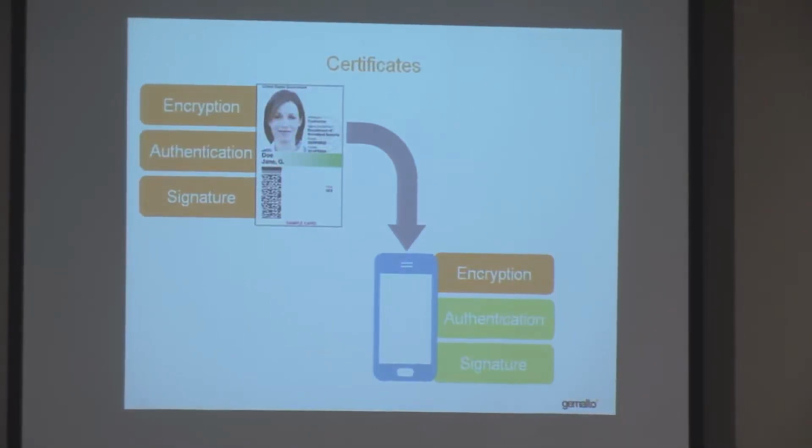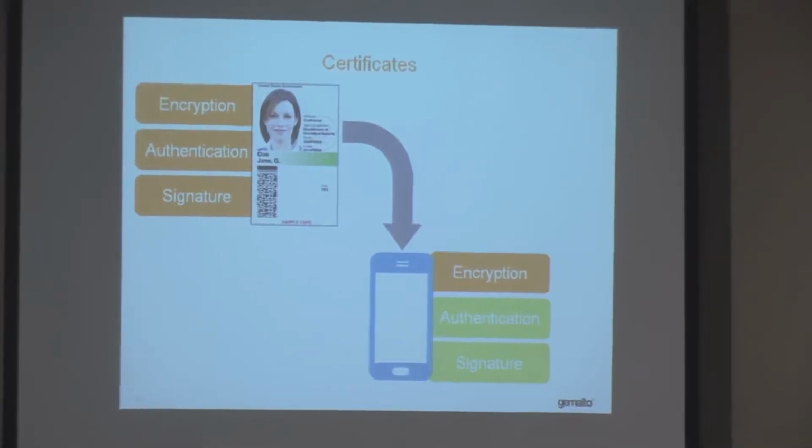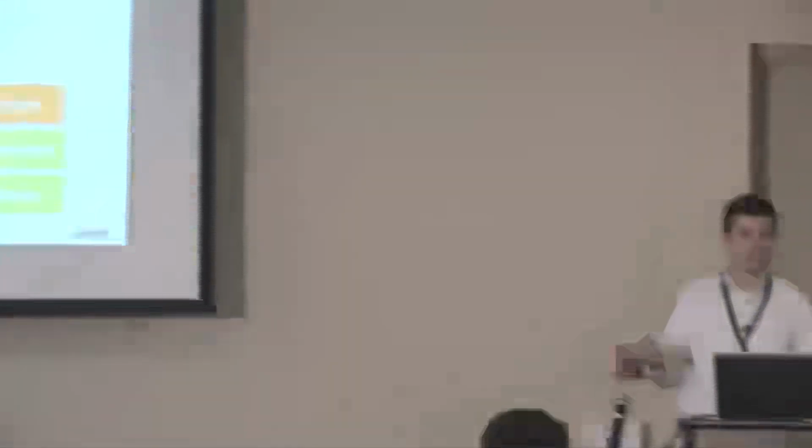The certificates and credentials that we will use for our mobile application: we have different sets of credentials for encryption, authentication, and signature. In derived credentials, the encryption certificate will remain the same, because regardless of whether you are on your laptop or your mobile, when you receive an encrypted email, you need to be able to decrypt it in the same manner, and people won't know if you read it from your laptop or any other device. So that one will be common for both.